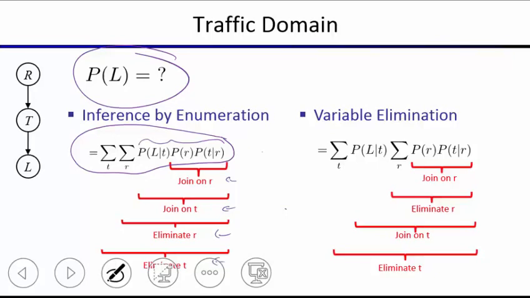On the right, what we see is variable elimination. Variable elimination interleaves the joins and the eliminates. Mathematically, starting from this expression, we notice that for the summation over R, this factor, L given T, does not have R participate in it.